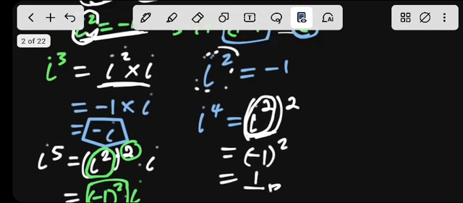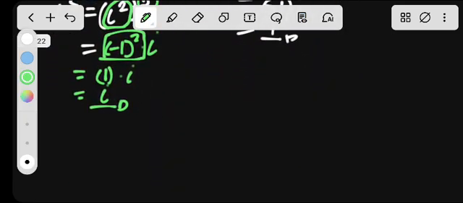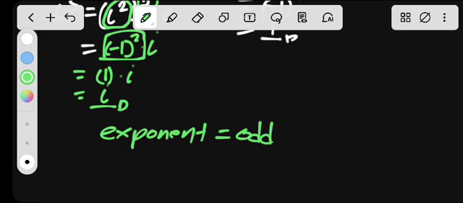So I want you to check something. What have you noticed? Do you notice, guys, if our exponent is odd, we will have an imaginary answer. Our answer at the end must have j.